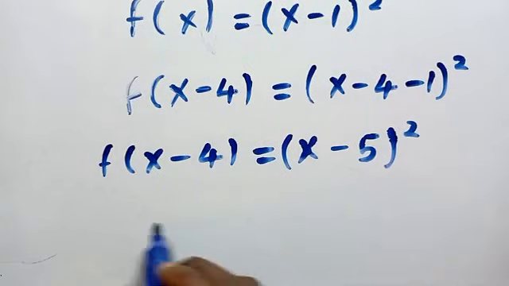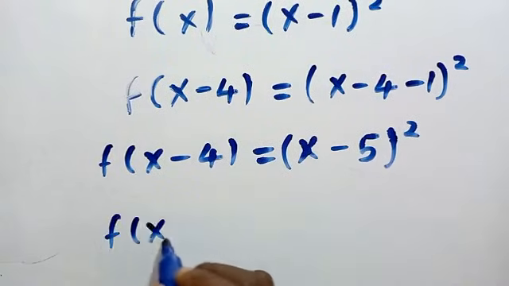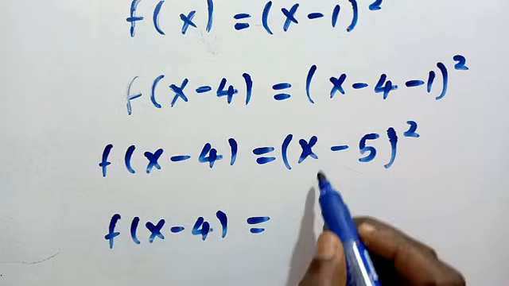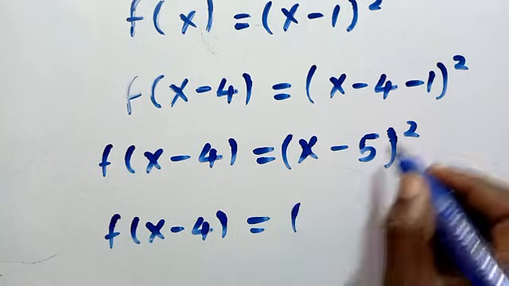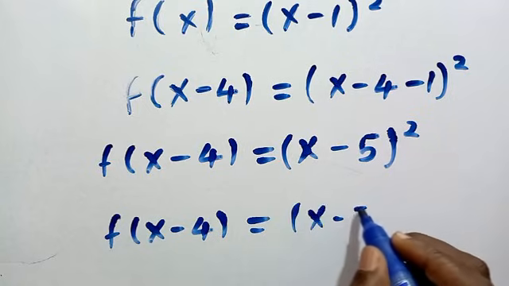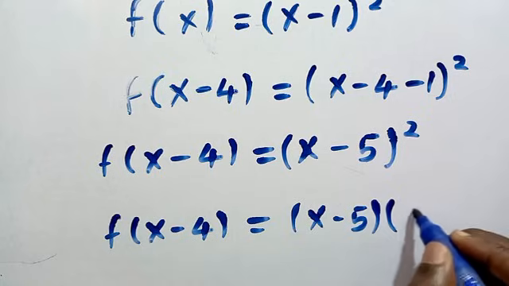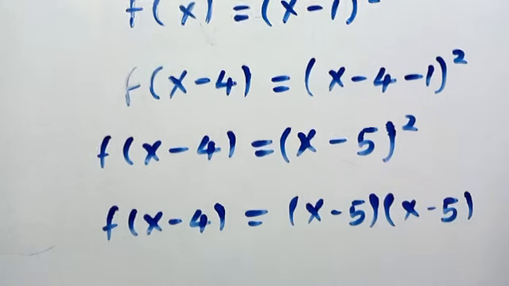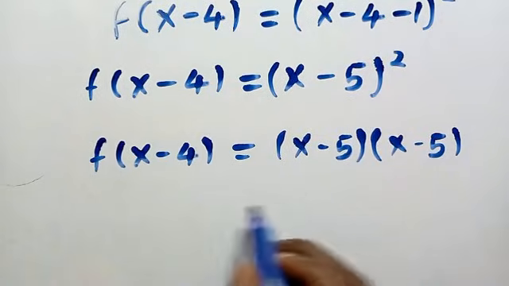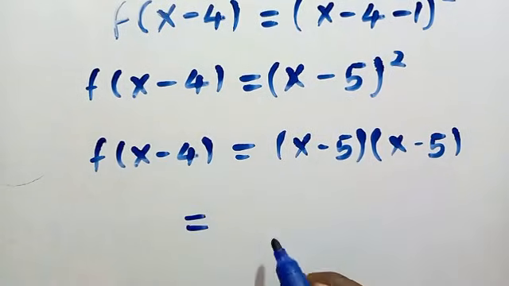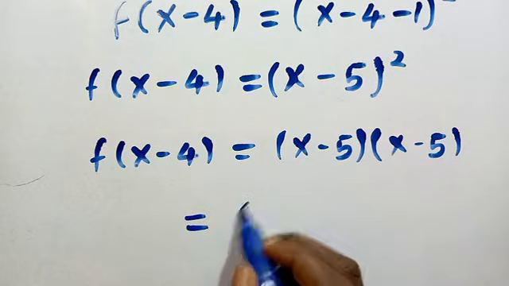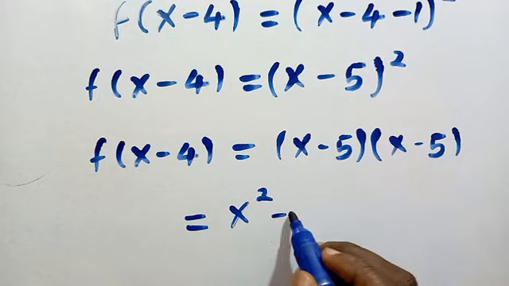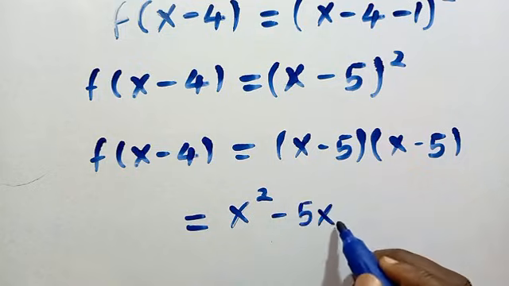By expanding this, we have f(x - 4) equals, we write this two times because this is a square. That is (x - 5) multiplied by (x - 5). For x - 5 multiplying each other, x times x is x squared. And x times minus 5, we have minus 5x.